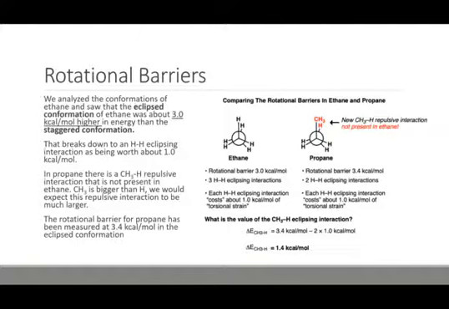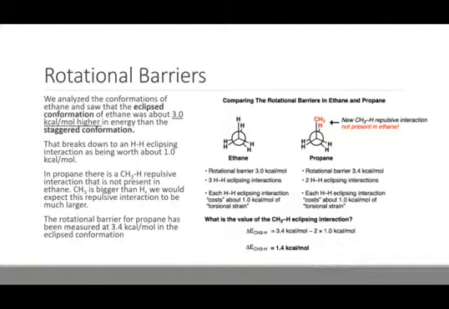Now that we've talked about going between Newman projections and the representative side-on views or bond line view, let's talk more about why those eclipsed versus staggered conformations are important. Why do we care about them?